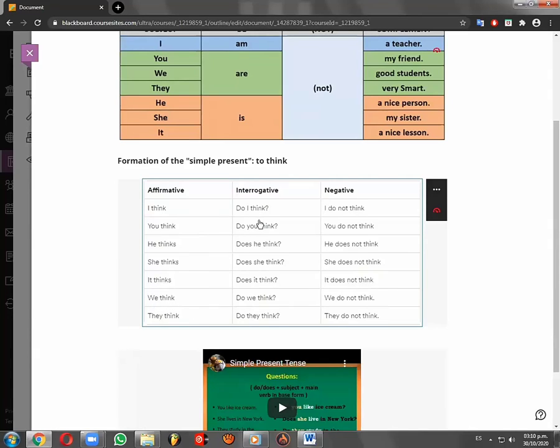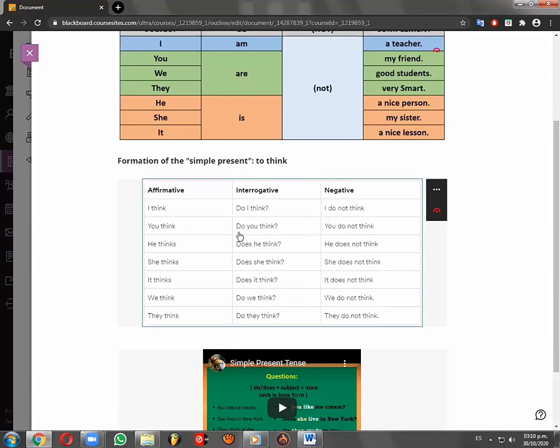In interrogative, do you remember the intonation, right? Do I think? If you can listen to my intonation, you can always intonate the questions.